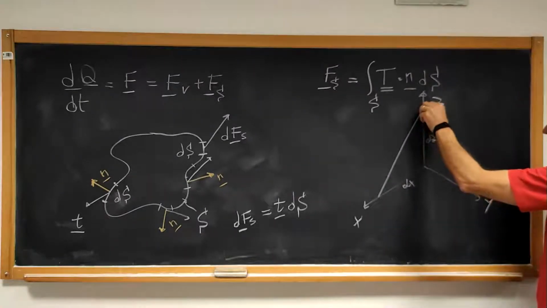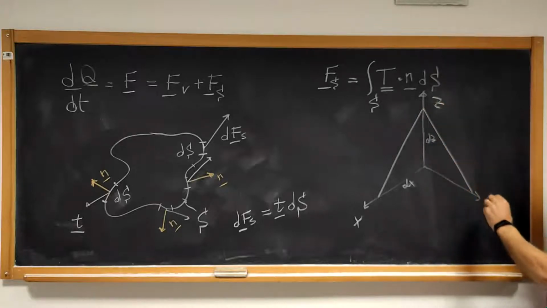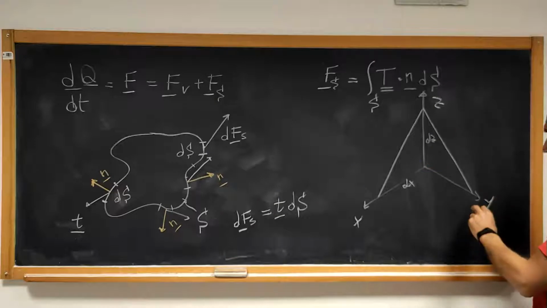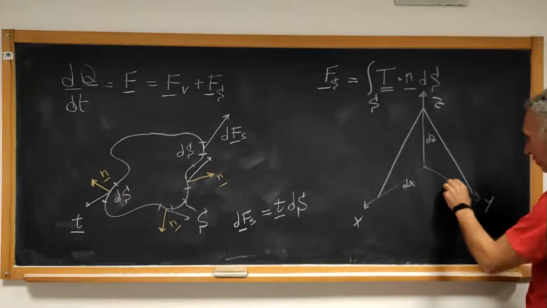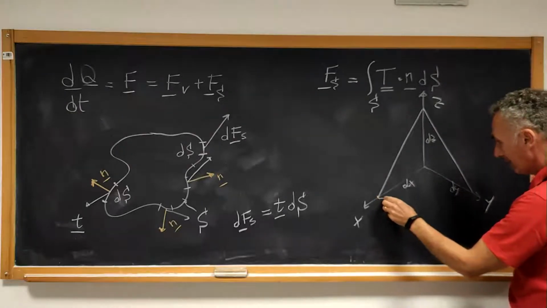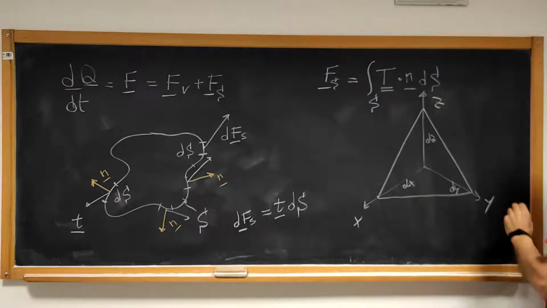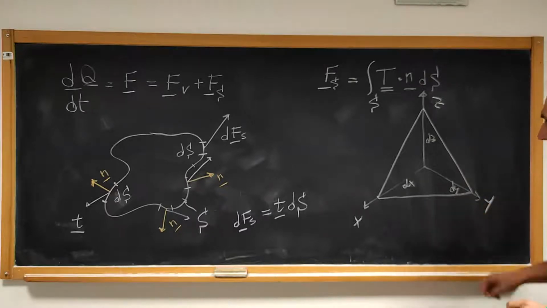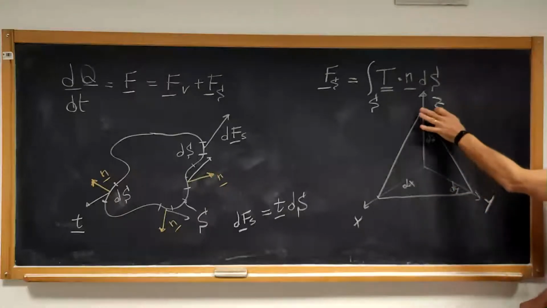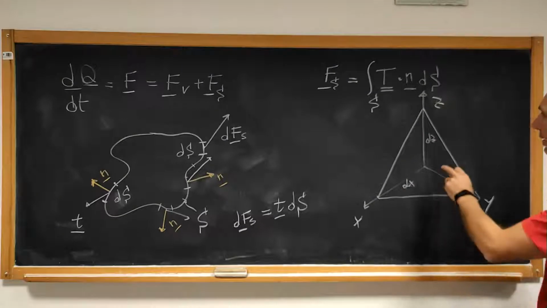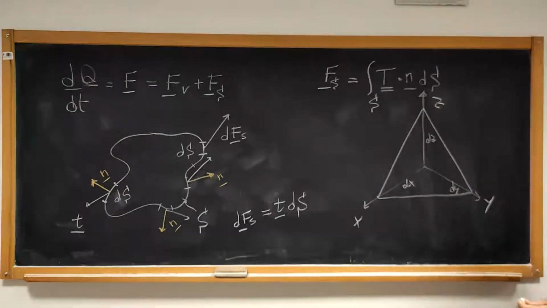Now I sketch another triangle in the yz plane, and clearly this edge would be dy, and then by necessity I close the sketch by having a third triangle in the xy plane, and then you might think of the inclined surface, and this inclined surface we call ds.